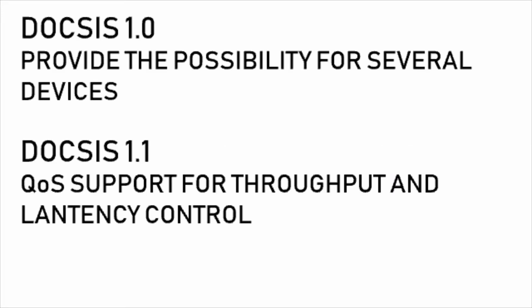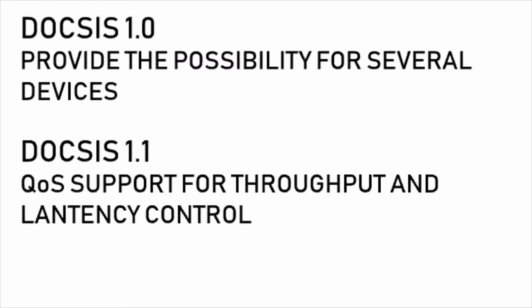DOCSIS 1.0. This is the first standard for broadband internet access via cable access network. It provides the possibility for service devices to connect via cable modem to the internet. DOCSIS 1.1.